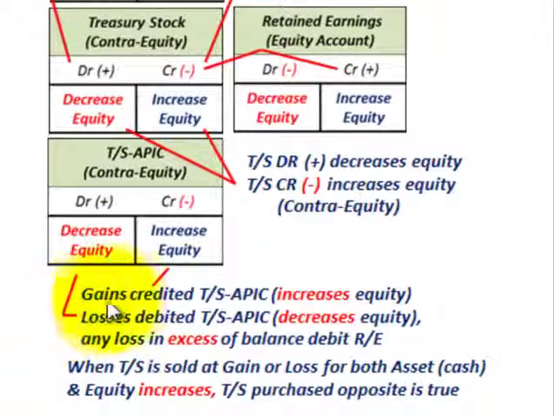Just to review one more time: gains, credit, treasury stock additional paid-in capital, increases your equity, as we went through. And for our losses, debited to treasury stock additional paid-in capital, decreases your equity. And any loss in excess of the balance would be debited to retained earnings.